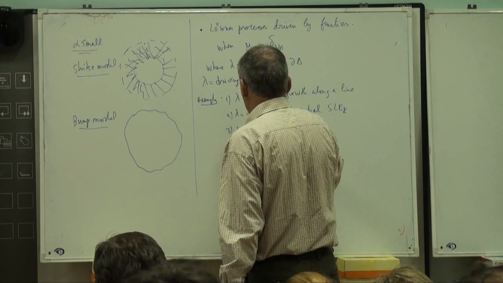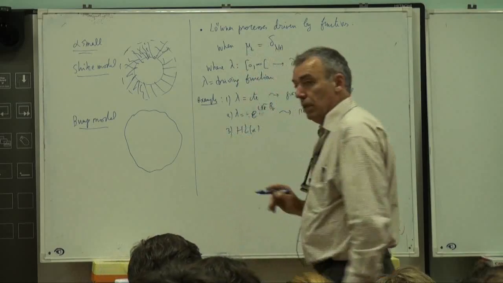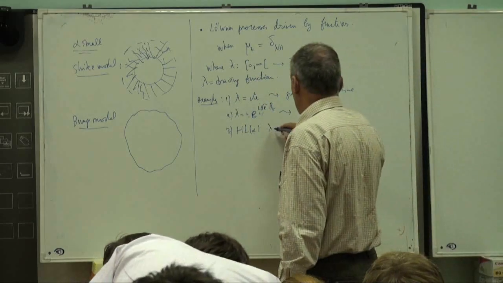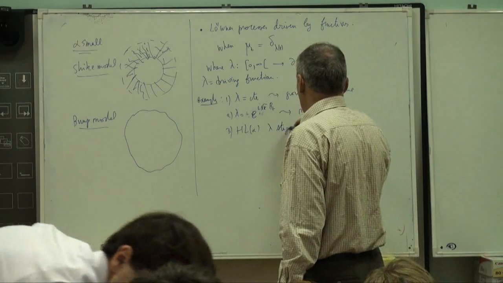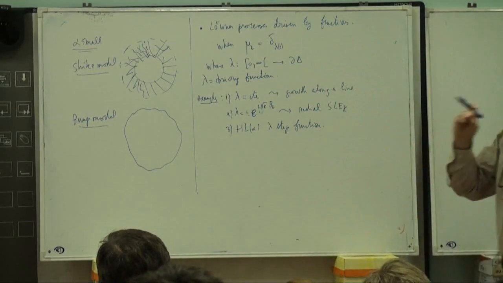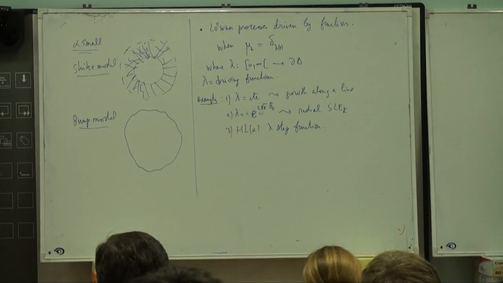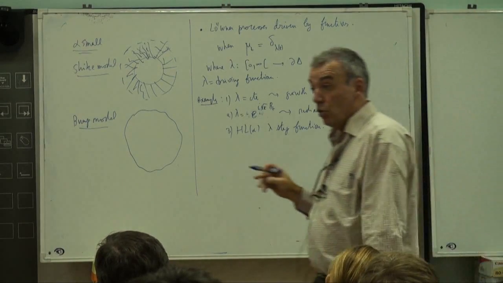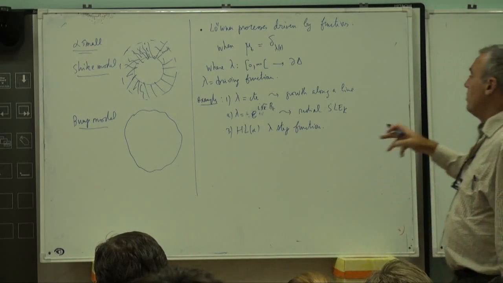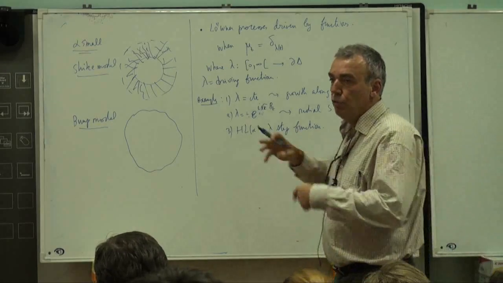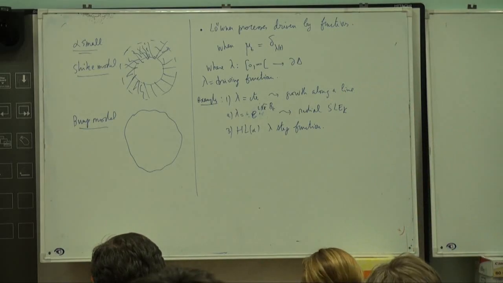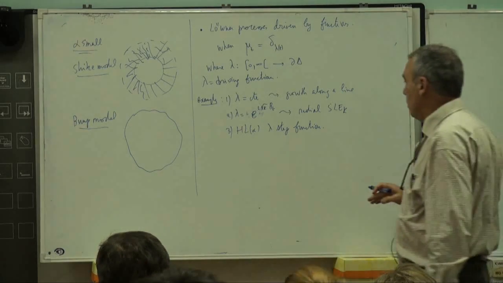So when we have HL of alpha, then lambda is a step function. It's constant along intervals which are precisely the intervals tau i to tau i plus 1. Except that here we have not normalized, so if you normalize, it's not exactly the same intervals, but let's forget about this normalization.